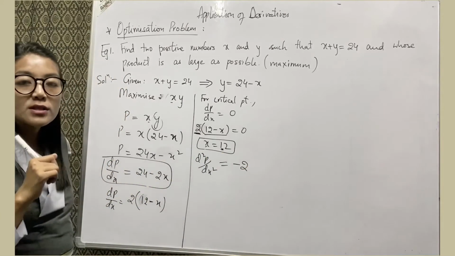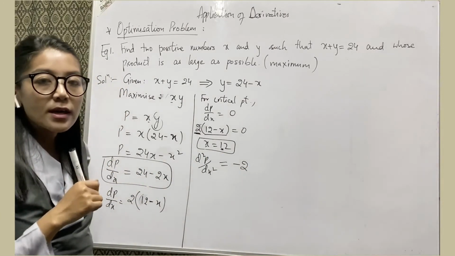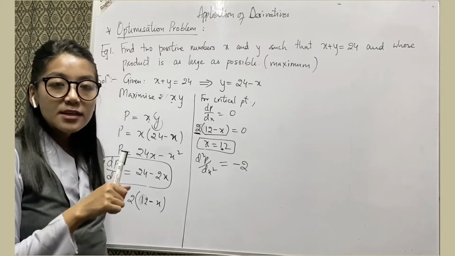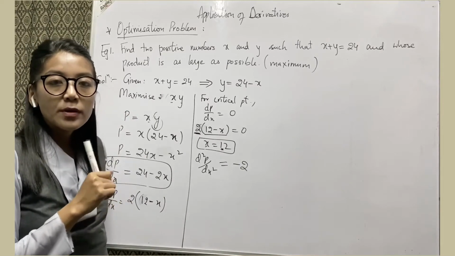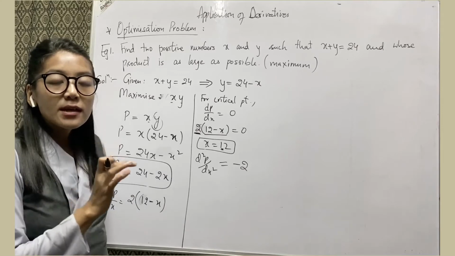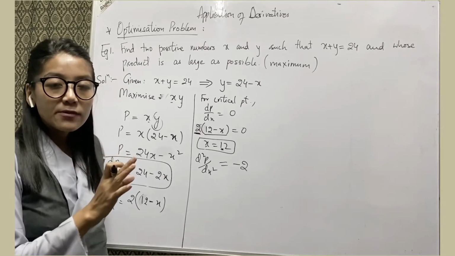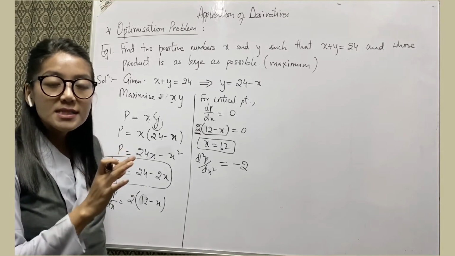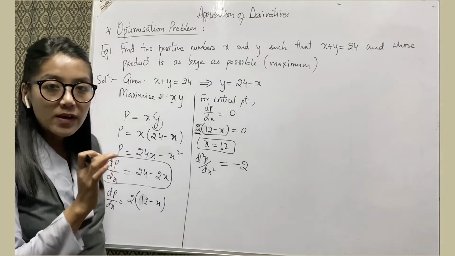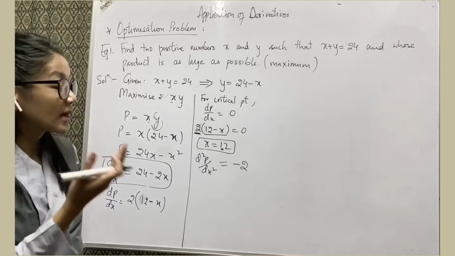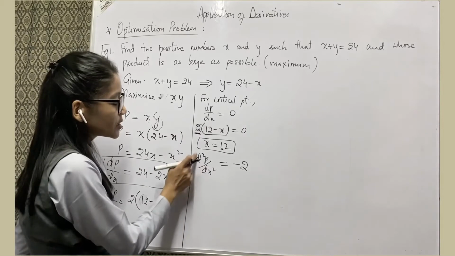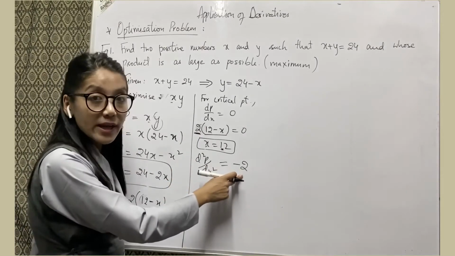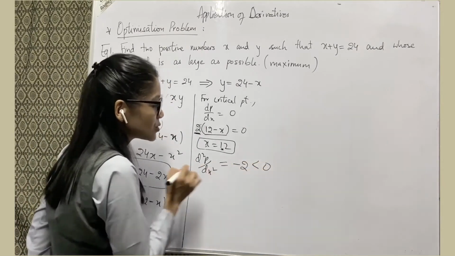So now you recall the second derivative test, okay? In local maxima and minima, we had discussed that if the second order derivative is negative, then it means the function is attaining its local maximum value at that point. So already we got here d2p by dx squared is equal to negative 2, which is less than 0, right?